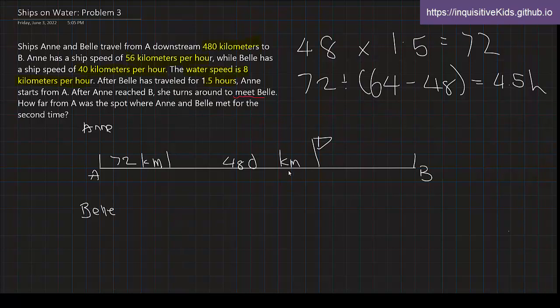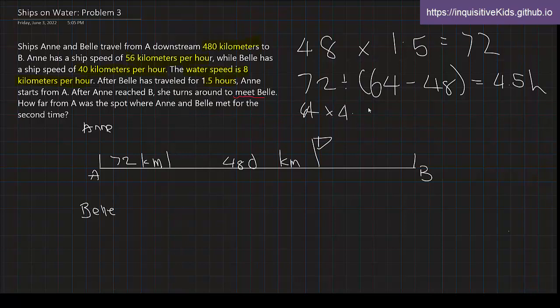So in 4.5 hours, what is the distance that Anne would have traveled? Anne has a speed of 64. That's her downstream speed.